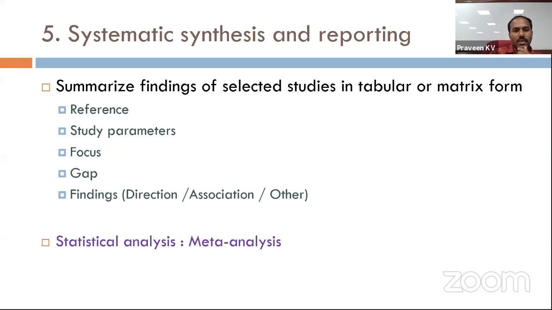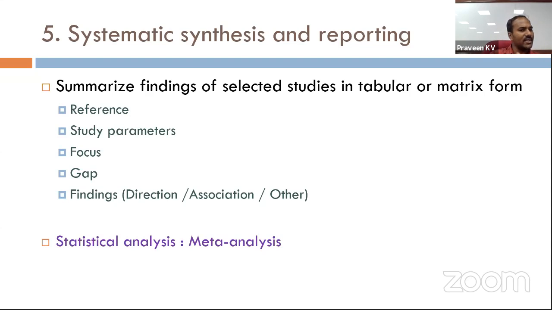Then systematic synthesis and reporting is the final process. Once we have extracted the data, we process the data and present it in tabular or matrix forms. That is what we do in systematic review. This is the end of the systematic review process. So just listen carefully.